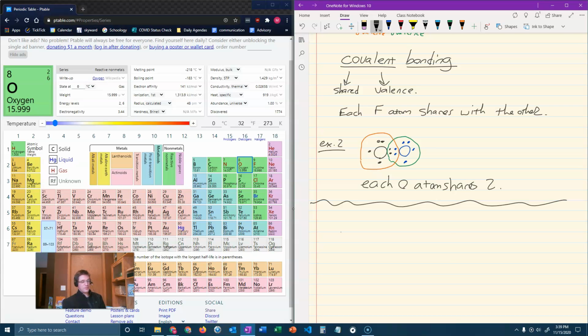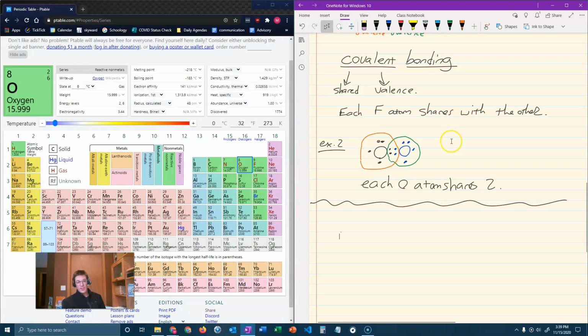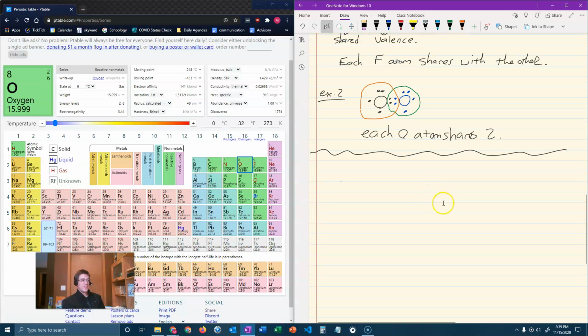Ionic bonding is a different kind. Okay. This is real nice. This is 2 kids getting together in the sandbox. They each have a toy that the other one wants. And they say, well, I'll share with you if you share with me. And they play together, and they're happily ever after in the sandbox, sharing each other's toys. Well, we know that's not how it goes all the time in the sandbox, right?